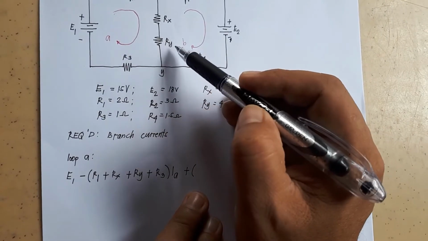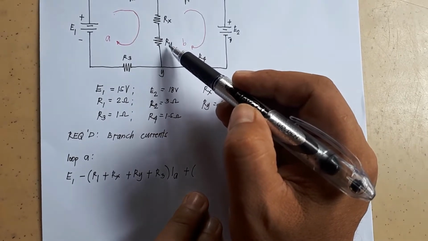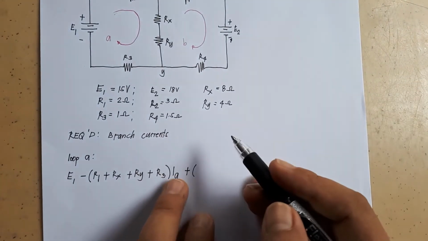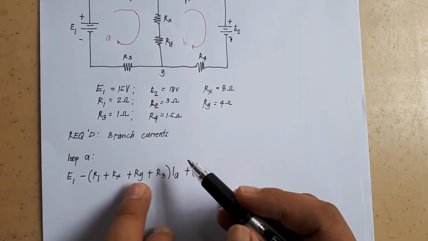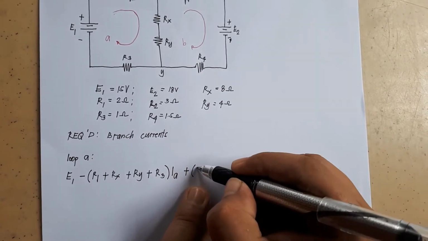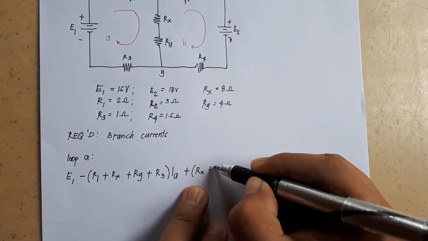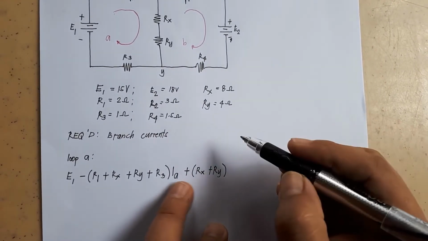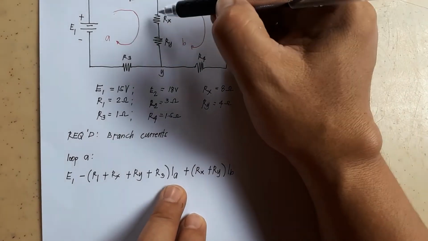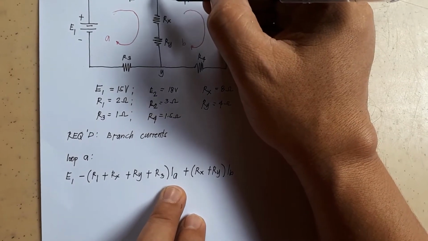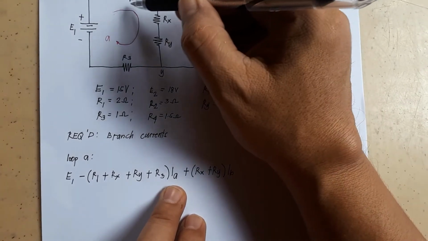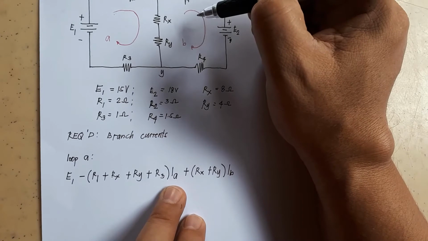Since Rx and Ry are in between the loop currents IA and IB, if there is IA here for Rx and Ry, there should also be a positive term representing Rx and Ry, and this time the current is IB. So in short, in this portion between node X and Y, there are two currents circulating, that is IA and another IB.